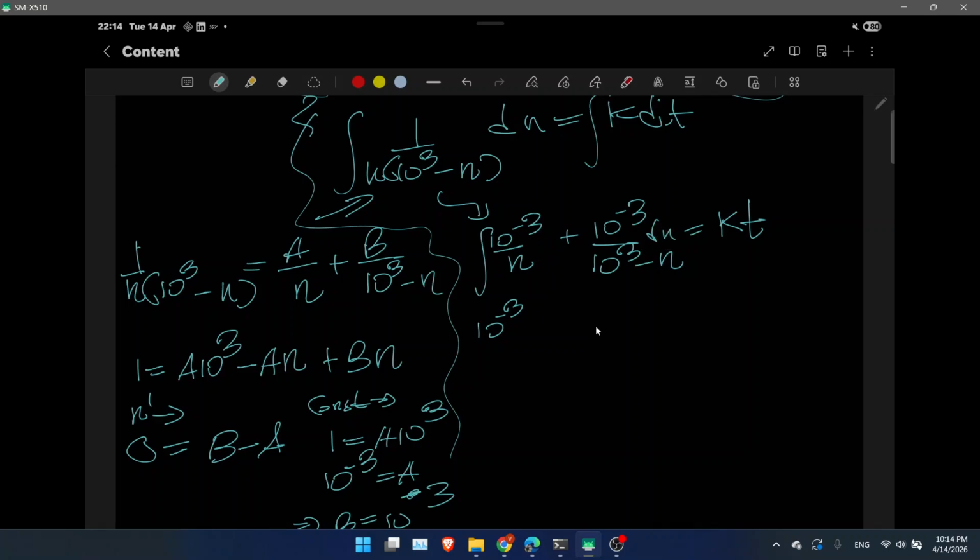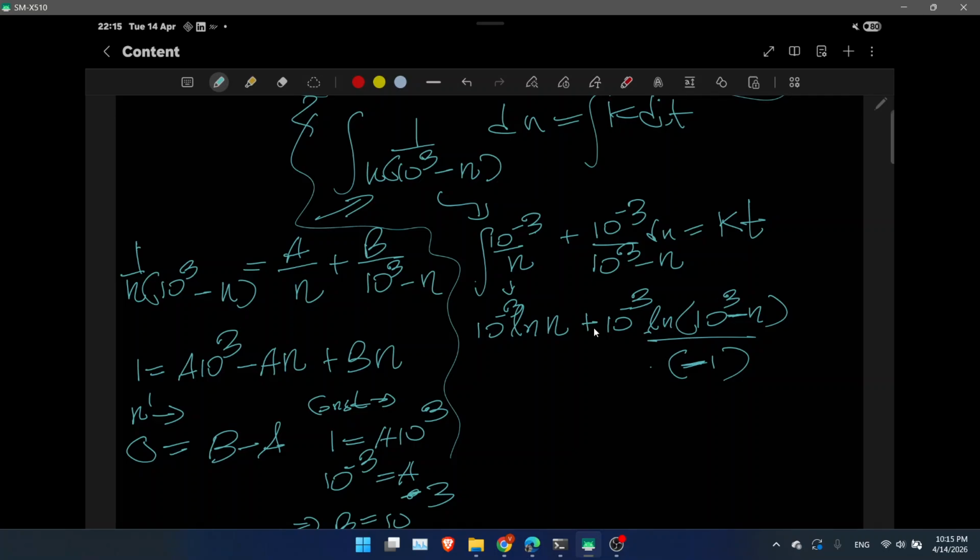You know that when there is addition, we can use the laws of integration. We can integrate these two terms separately, so I directly integrate and put it. If I integrate this term, it is ln n times 10 to the power minus 3, plus 10 to the power minus 3 ln(10 to the power 3 minus n) over minus 1. I guess you know why I put a minus 1 here: because there is a minus in here. We should always divide by the derivative of the expression inside this ln.